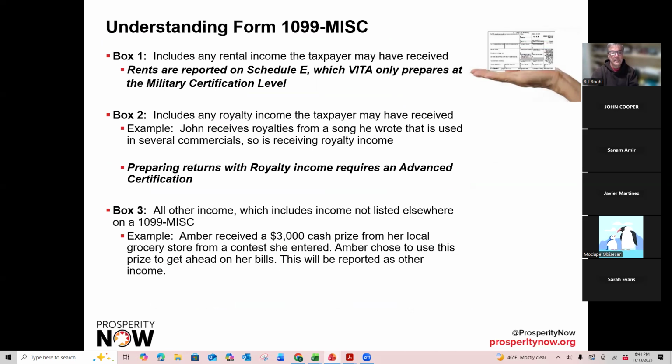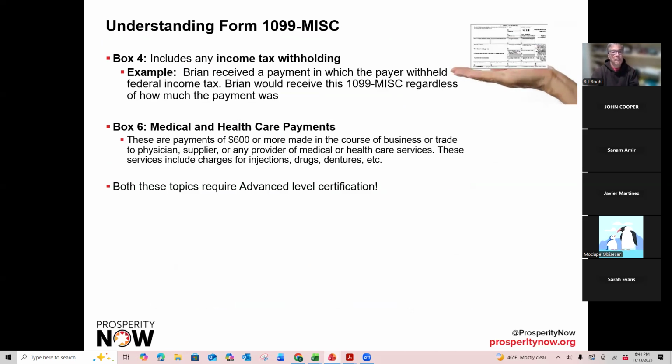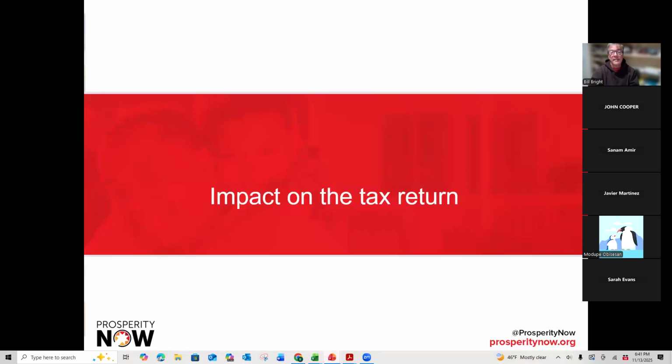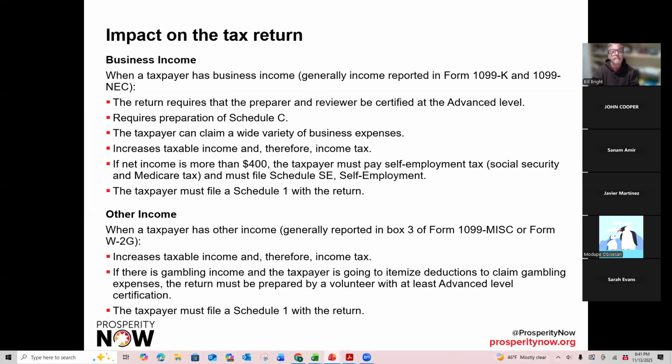Royalty income, that's all advanced certifications. If they have withholding, that's great. Generally, they don't, so that's the impact on the return. Again, business income. When they have business income, they're going to require a Schedule C. So if they're driving Uber, they're going to be a Schedule C. A lot of the people that we aggregate them for, because very rarely are they doing it for just one vendor.